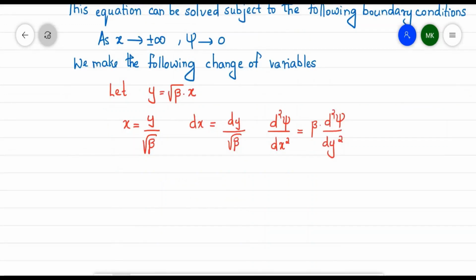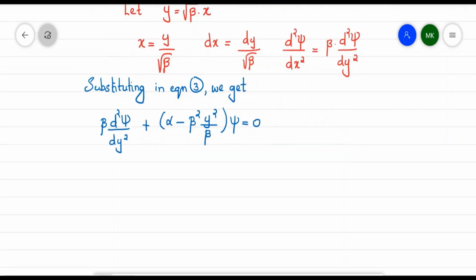Also, we can write d square xi by dx square will be equal to beta into d square xi by dy square. So substituting these values in equation 3, we get beta into d square xi by dy square plus alpha minus beta square into, instead of x square, we write y square by beta into xi equals 0.